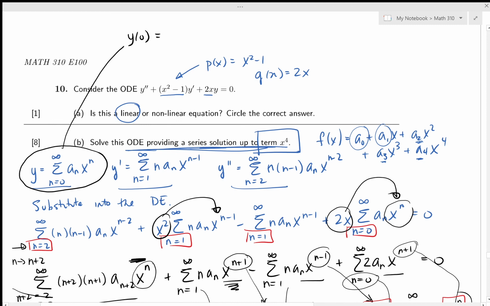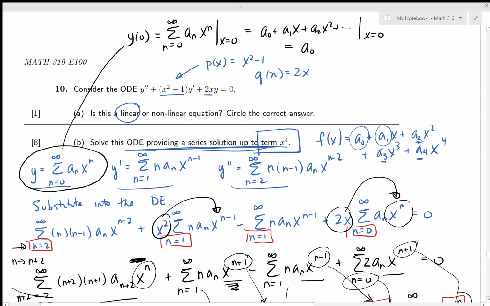Let me even just write it out. So y of 0 is this sum, n equals 0 to infinity, a n x to the n, evaluated at x equals 0. That looks like this: a naught plus a1x plus a2x squared plus dot dot dot, evaluated at x equals 0. So that is a naught.